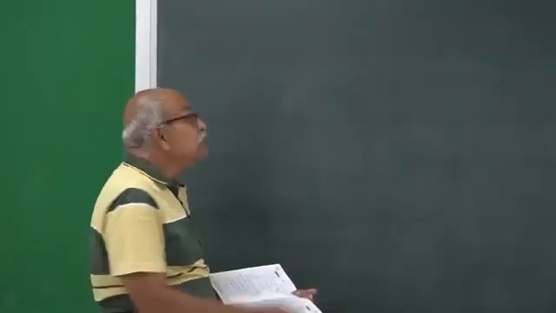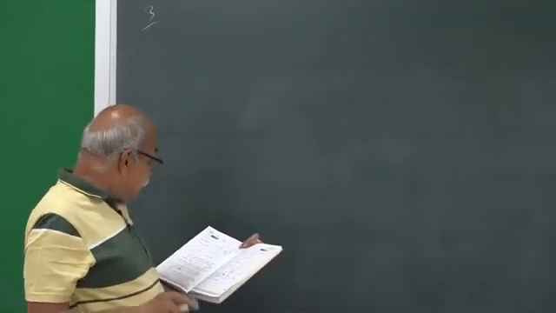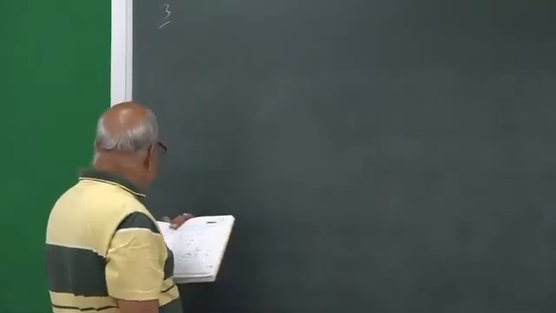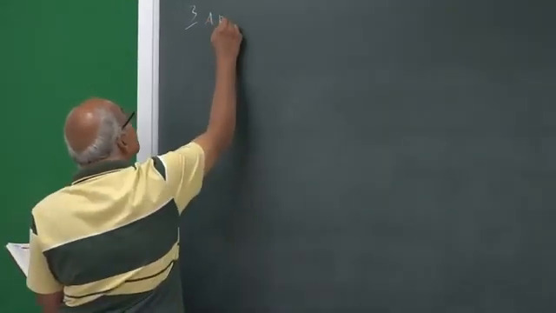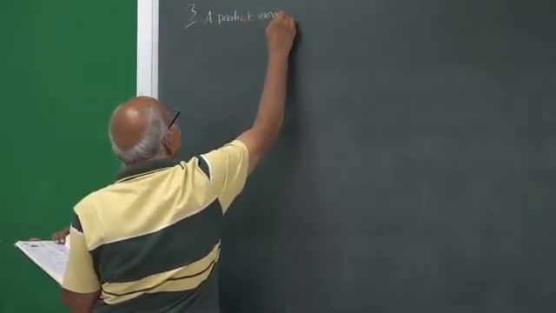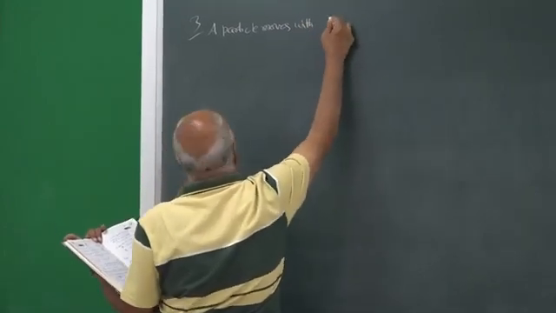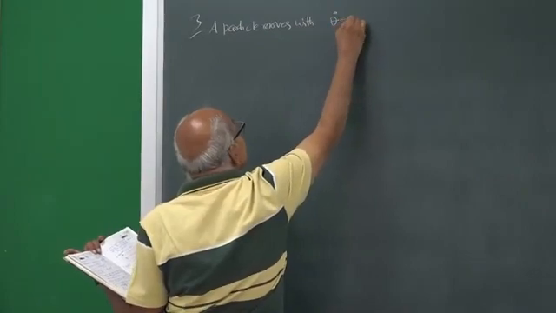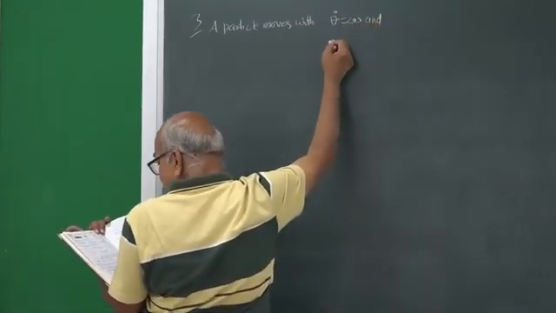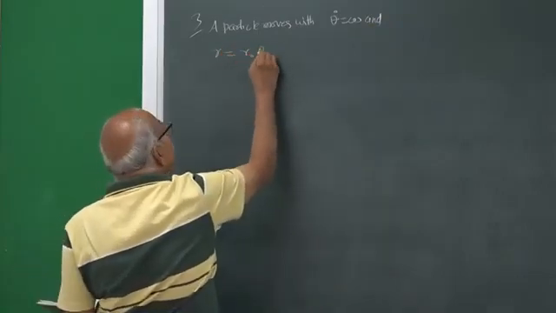Next question 3, and this is based on example 1.17, and it says that a particle moves with theta dot equal to omega, which is constant, and r equal to r naught e to the power omega t.